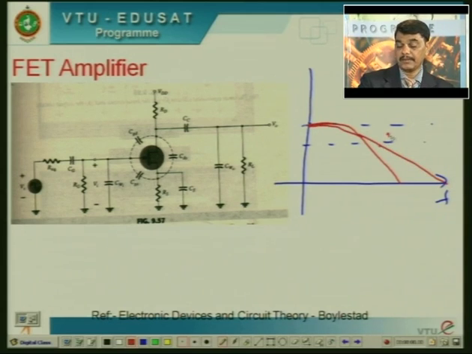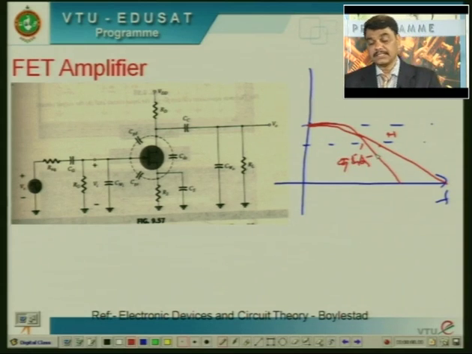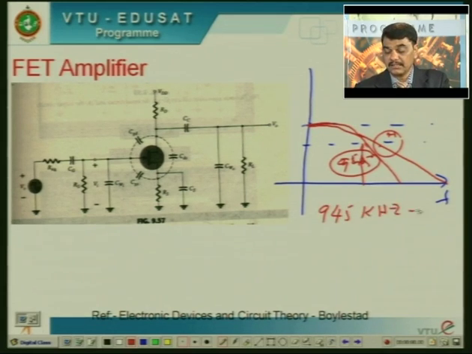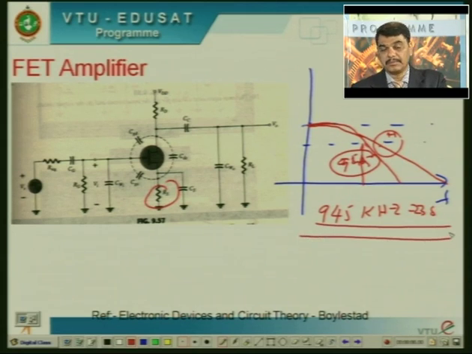This value is about 11.5 megahertz, this is about 945 kilohertz. Because of that, you always have to calculate the bandwidth using the lower value, because once this cutoff frequency occurs, this is not coming into the picture, therefore you choose this value. Then the bandwidth is 945 kilohertz minus 238 hertz, that is due to the RS and CS. This is the bandwidth of the amplifier.